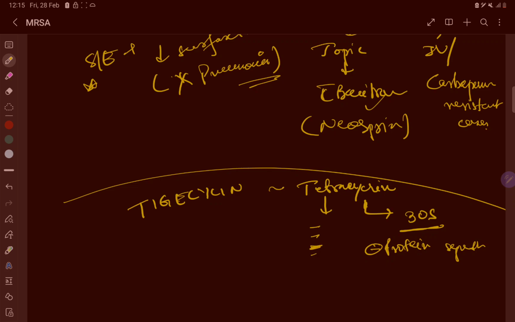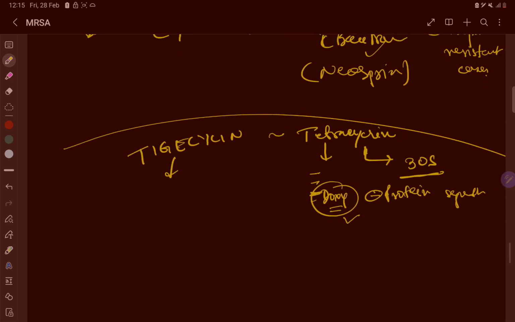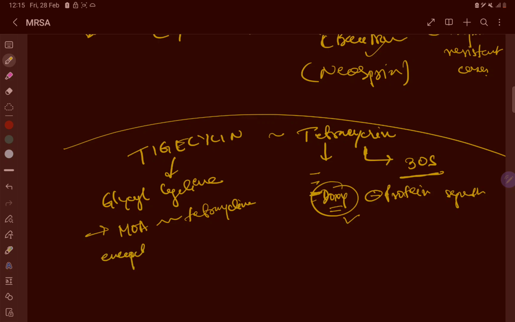In the third group there is doxycycline. This is doxycycline, which you have to understand and we have to know. But tigecycline is a different group, glycylcycline. Okay, and its mechanism of action is the same as tetracycline, except resistance is not developed.